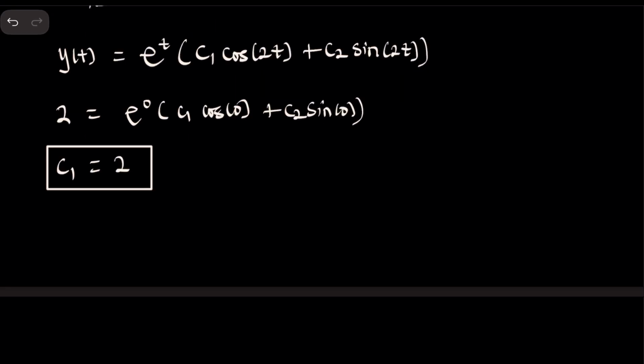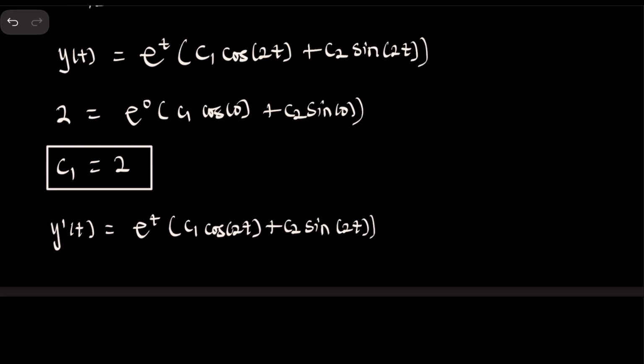To compute c2, we need to find y prime. So y prime will be giving us, so we're going to use the product rule. So that's e exponent t, then c1 cosine of 2t plus c2 sine of 2t. Then we now keep e exponent t, then we differentiate the trig functions.